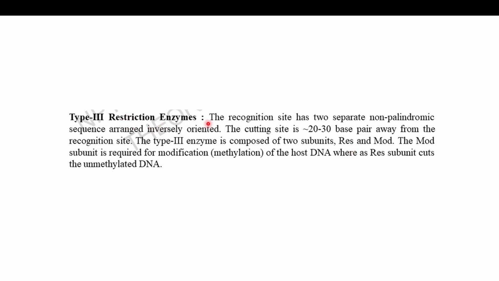Then there are type 3 restriction enzymes. The recognition site has two separate non-palindromic sequences arranged in inverse orientation. The cutting site is not extremely remote like type 1, but neither is it cutting within the restriction site. The restriction activity is shown nearly 20 to 30 nucleotides away from the recognition site.